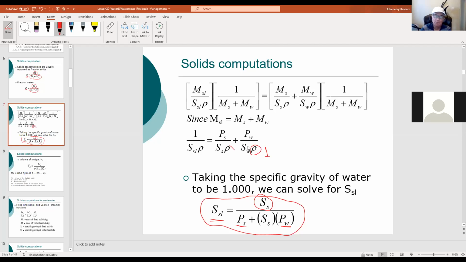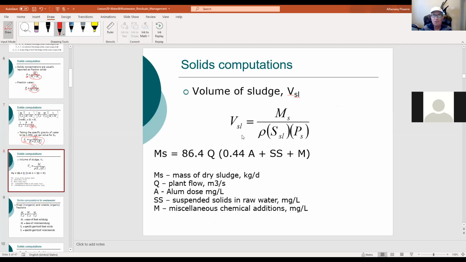Specific gravity of water is equal to 1. Well, rho of water divided by rho of water is 1. So this might be a needed formula a lot. And the volume of the sludge is also a needed formula a lot. Good.